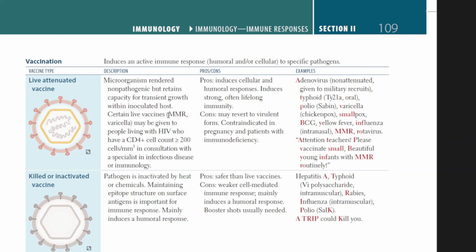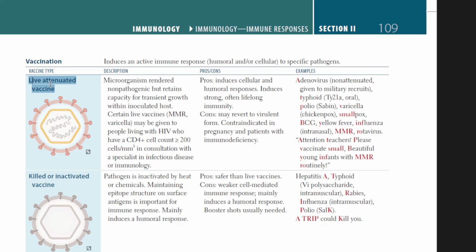Certain live vaccines like MMR and varicella may be given to people living with HIV who have a CD4 count of more than 200 cells per cubic millimeter, in consultation with specialists in infectious disease or immunology.